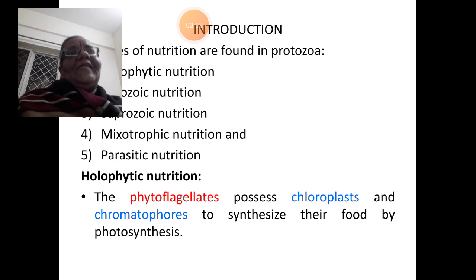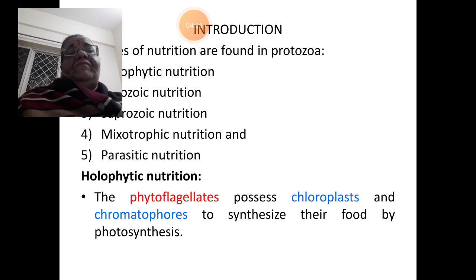The phytoflagellates basically resemble plants in having chloroplasts and chromatophores, and as flagellates, their locomotory organelle happens to be flagella. Such protozoans are called phytoflagellates. Phyto means plants, flagellates means which bear flagella.